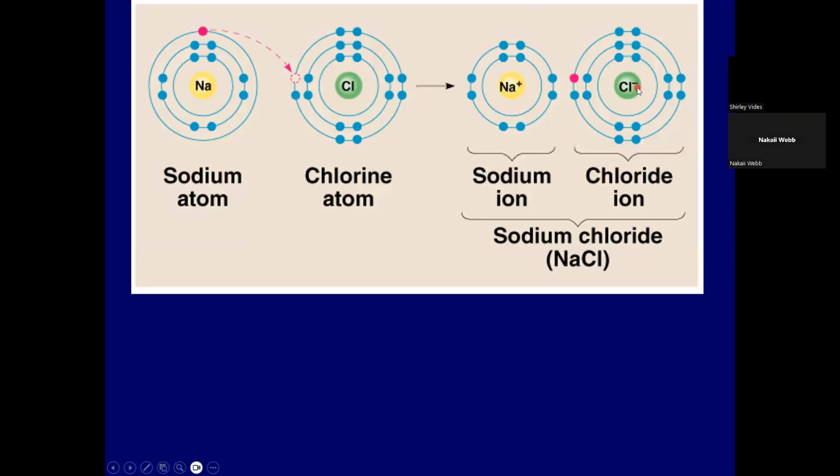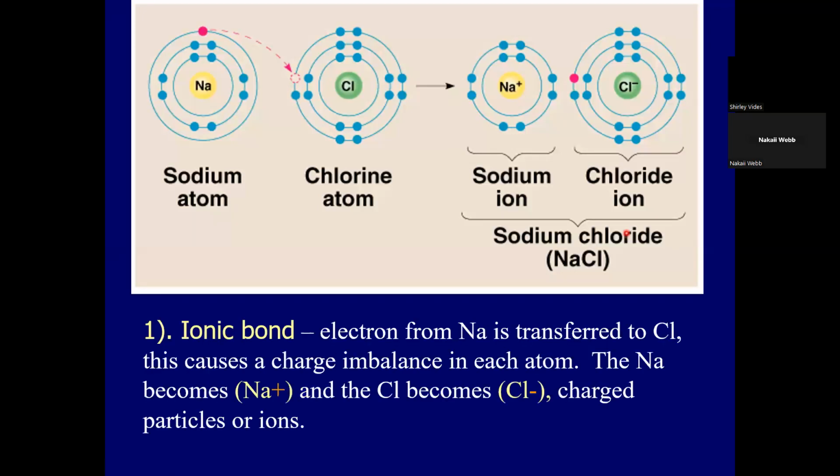And chloride, see, there it is, becomes an ion, right? So this is an ion now, and it gains an electron and becomes a negative ion. Okay, so there it is.